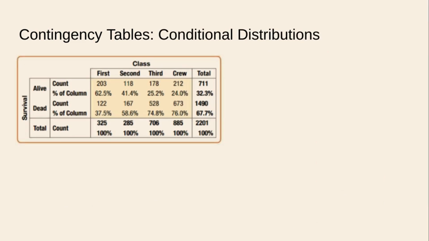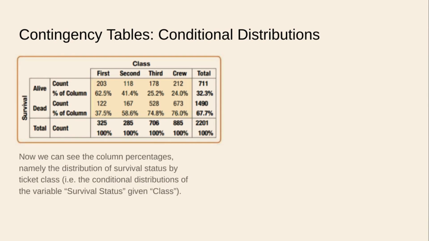All right, contingency tables, conditional distributions. Now we're looking at the column percentages. So given we're in a particular class, what are the odds that we're alive, and what are the odds that we're dead? Okay? This is the conditional distribution of the variable survival status given class. So we're going to be living in the world of first class.